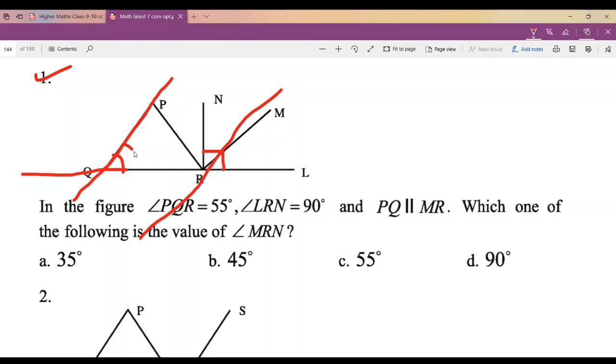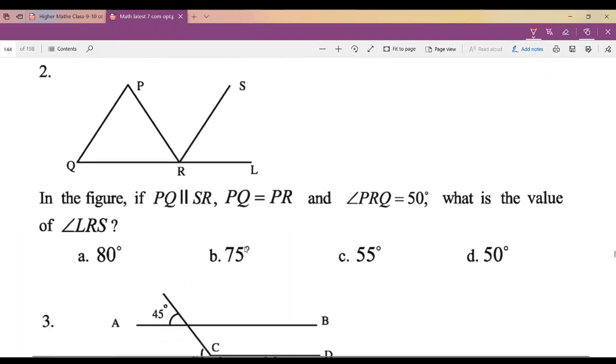So this angle and this angle are corresponding angles, and in case of parallel lines we know corresponding angles are equal. So this is 55 degrees, so this is also 55, and this total angle is 90 degrees.